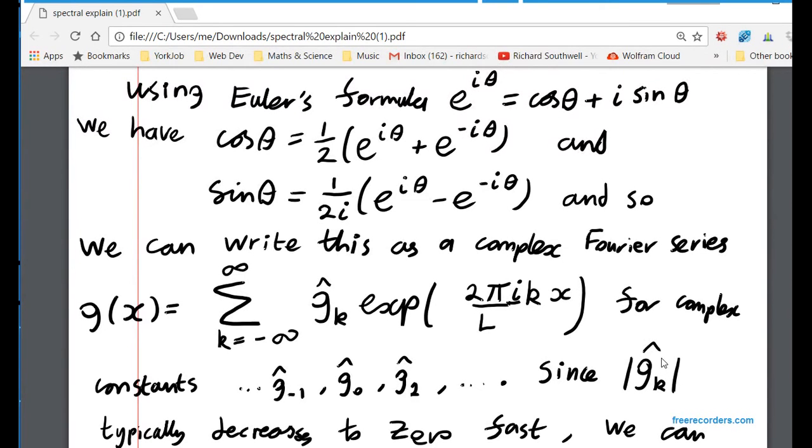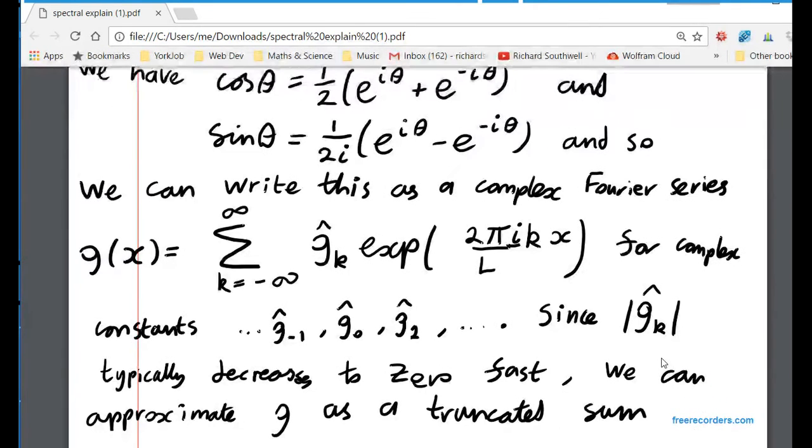So think about Taylor series. The first few terms of the Taylor series are very important, but for a lot of functions, you can discard higher and higher order terms because they have less impact on what the function's doing.